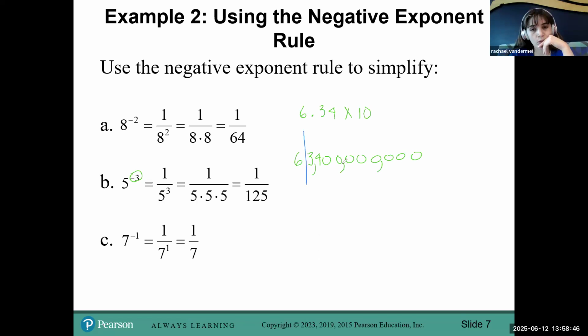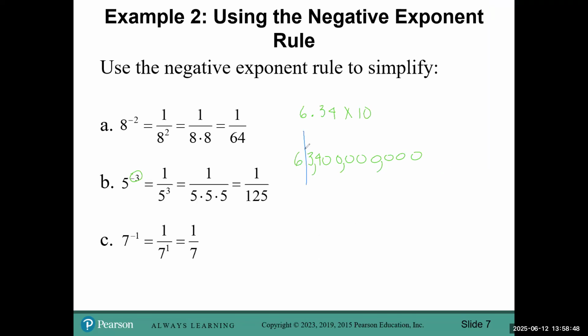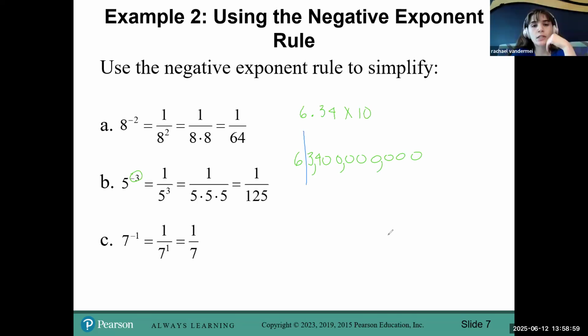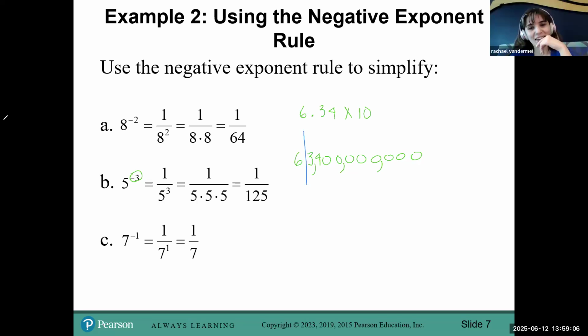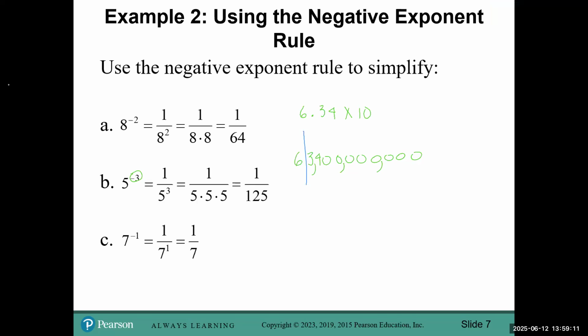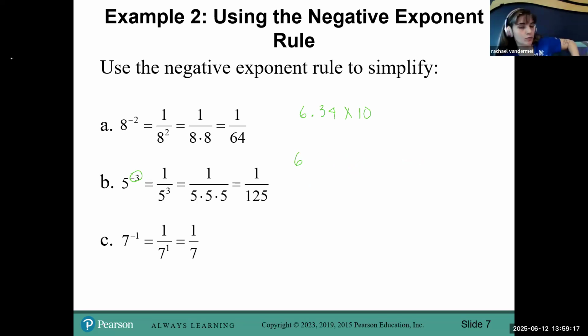So that means that on the other side, I need to have 10 digits. 1, 2, 3, 4, 5, 6, 7, 8, 9, 10. But it was to the ninth power, so wouldn't it be nine digits? Oh, you're right, let me fix that. Let me just erase. I see what I did here. That's the answer I got the first time, and it was wrong.